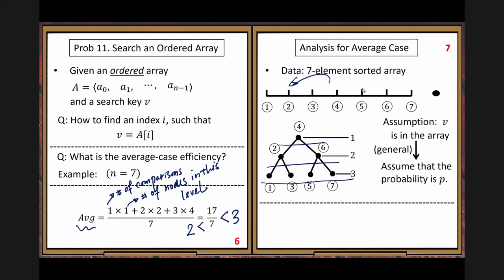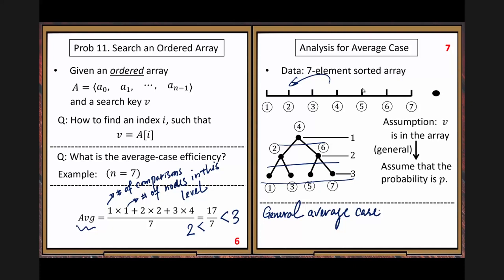Okay? Then, the conclusion for the general average case. Okay? All right?